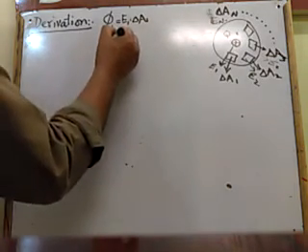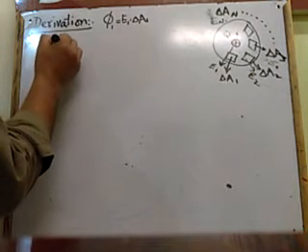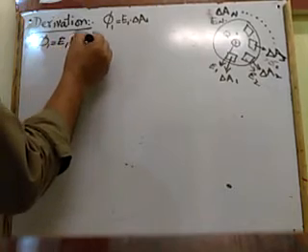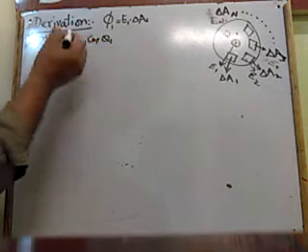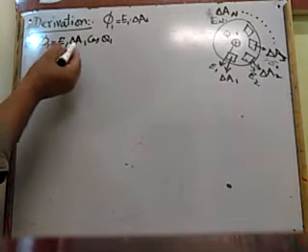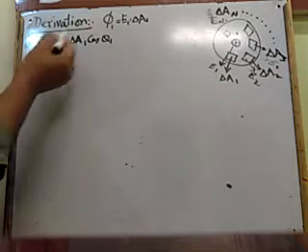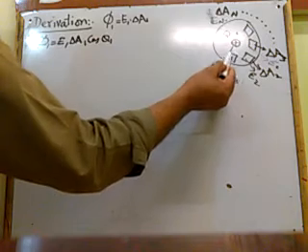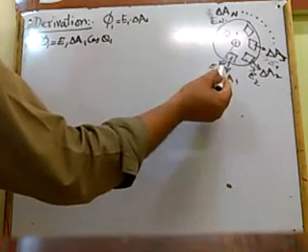We can also write the above equation like this: phi 1 is equal to E1 delta A1 cos theta 1, where theta 1 is basically the angle between the area delta A1 and electric field intensity E1. This is area delta A1 and this is electric field intensity coming out of the spherical surface.